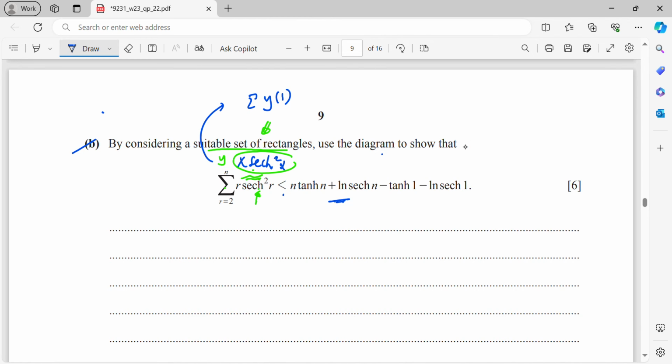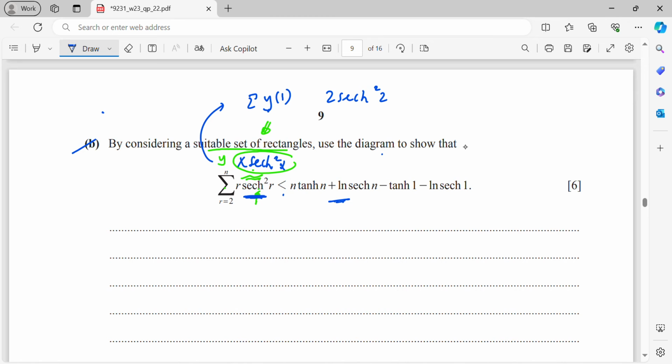So this r times the square of hyperbolic secant r is the same as the summation of y times 1, whereby my 1 is the width of the rectangles and my y is the height of the rectangles. I know that my first height is basically 2 times hyperbolic secant squared 2.